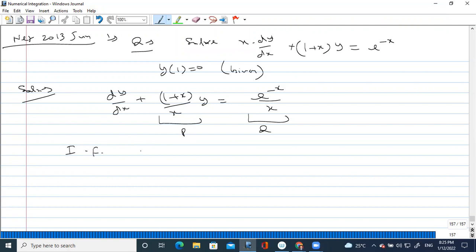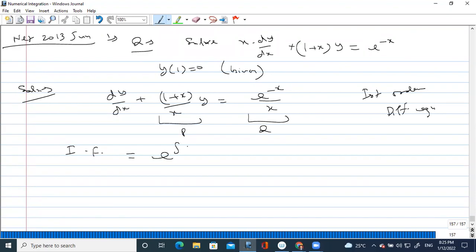First you have to find the integrating factor. Because this is not second order, this is a first order differential equation of the form dy by dx plus py equals q, you have to find the integrating factor.